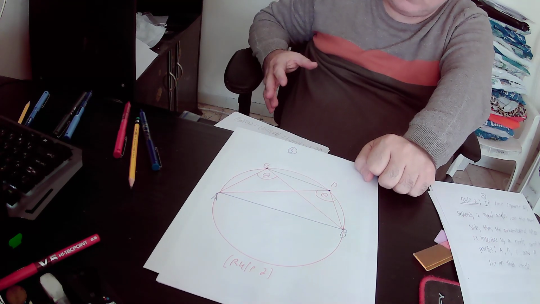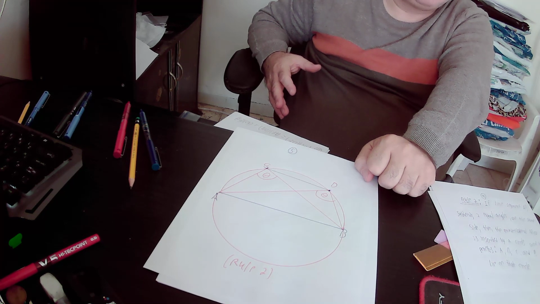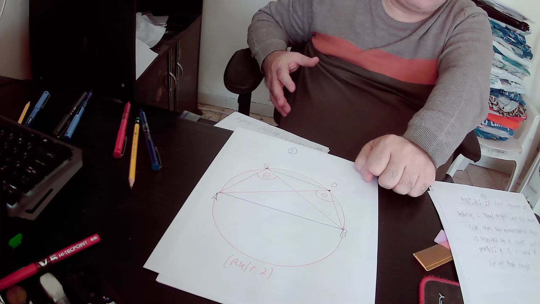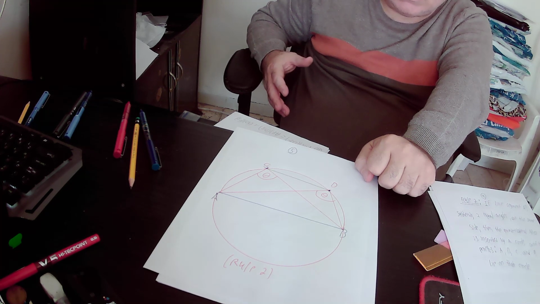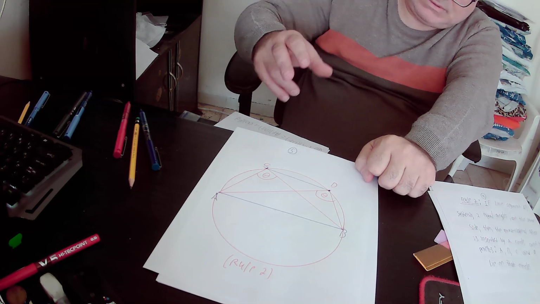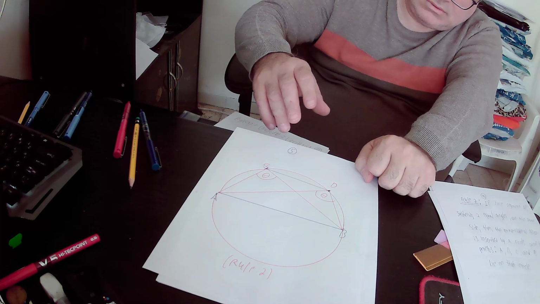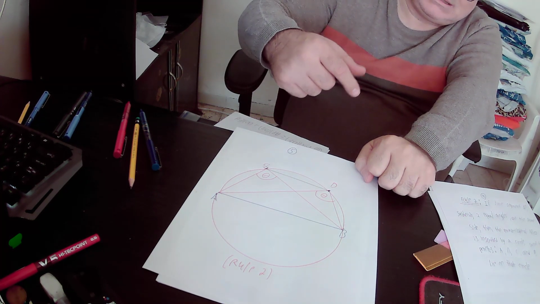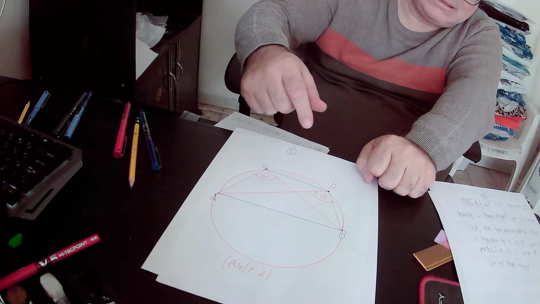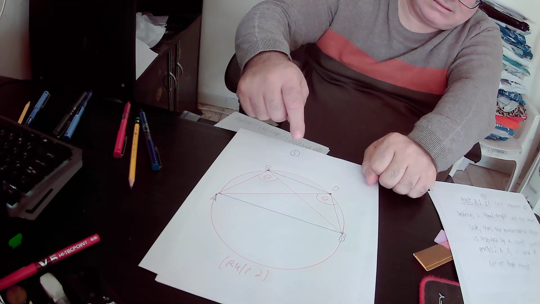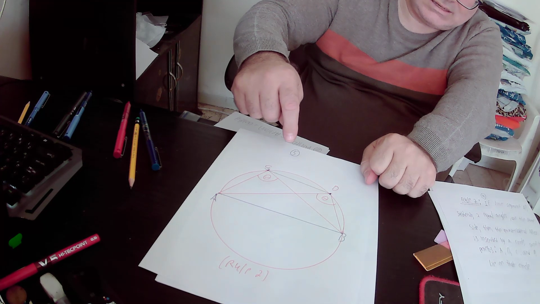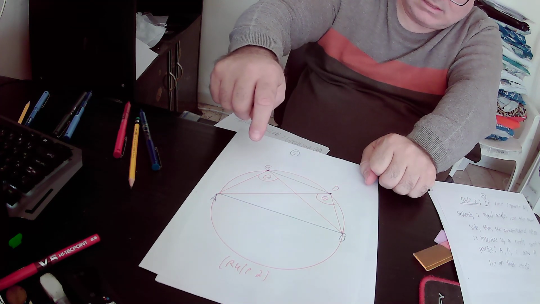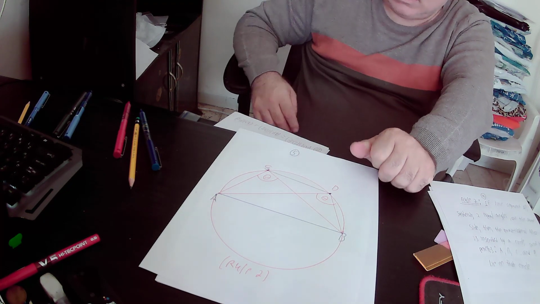So whenever we have a line segment and two equal angles that rest on that line segment, we can implement rule number 2. That is to say, the two angles and the line segment create a quadrilateral, and that quadrilateral is inscribed by a circle, and the 4 relevant points lie on that circle.